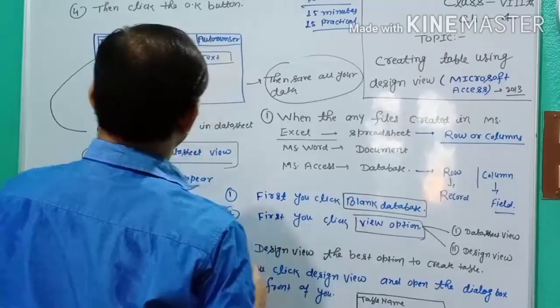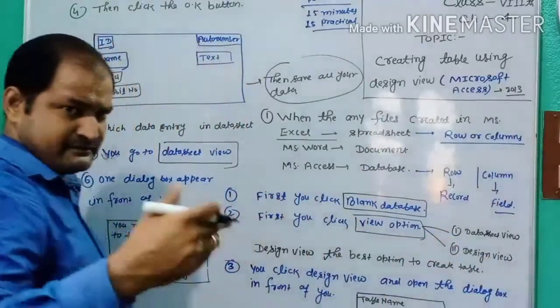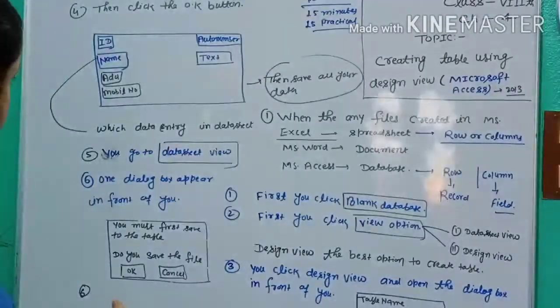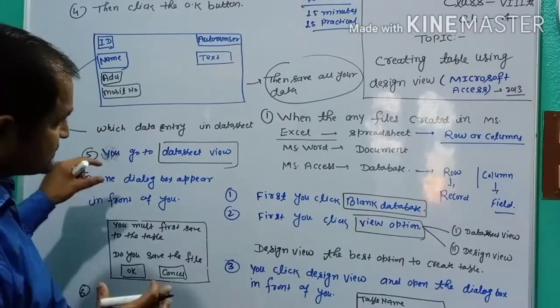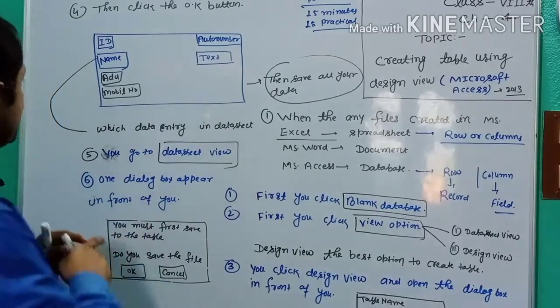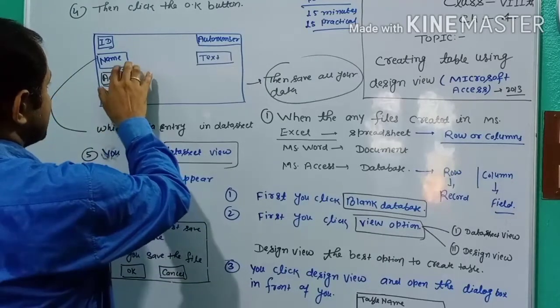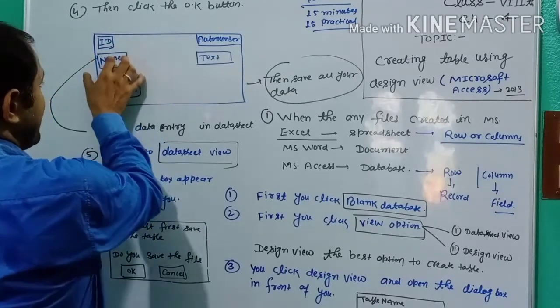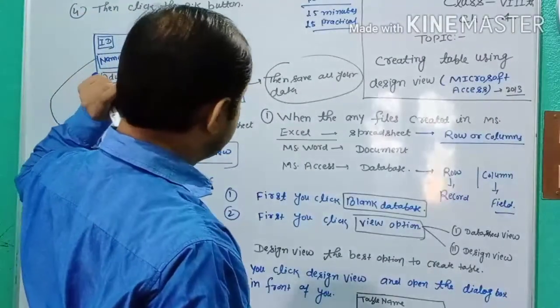Suppose I skip the practical part, but I just discuss this at a theoretical level. You click the OK button. Suppose your name is Daya Shankar. The employee ID 1, 2, 3 is automatically generated.